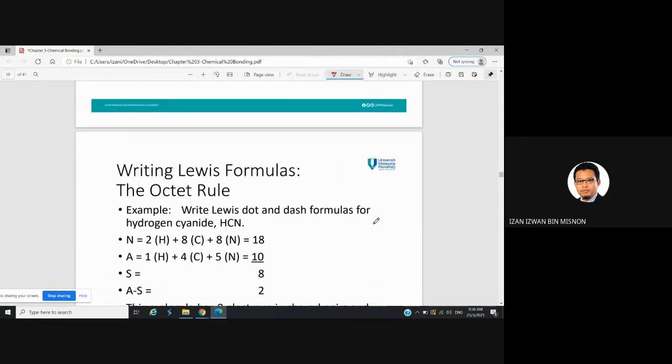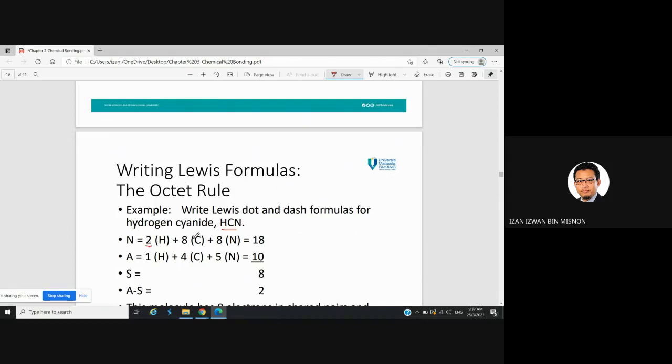Okay, so let's take hydrogen cyanide. How can you draw the Lewis structure formula, or dash formula, for this molecule? Okay, we will calculate the N needed to complete the octet. So we have hydrogen.